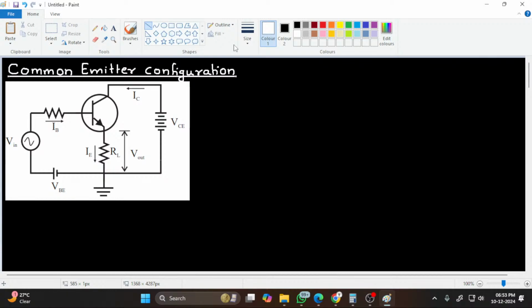Common emitter configuration. The common emitter or grounded emitter configuration, input is applied between base and emitter. So how will we describe this configuration?